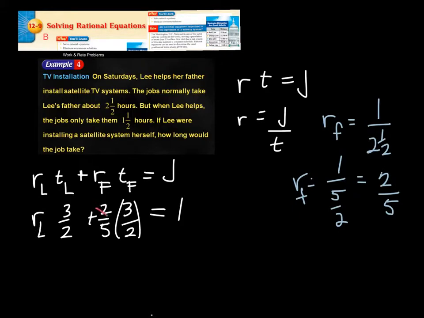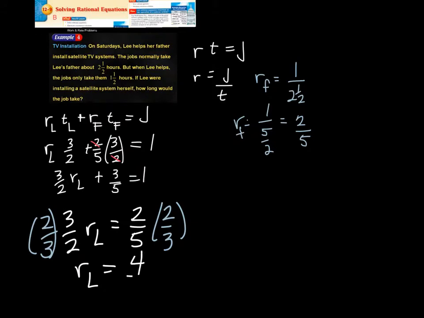So we can cancel, and we have 3/2 times her rate plus 3/5 equals 1. If we subtract 3/5 from both sides, we're going to get 5/5 minus 3/5 would be 2/5. And multiply by the reciprocal of 3/2, which is 2/3. And we get her rate to be 4/15.